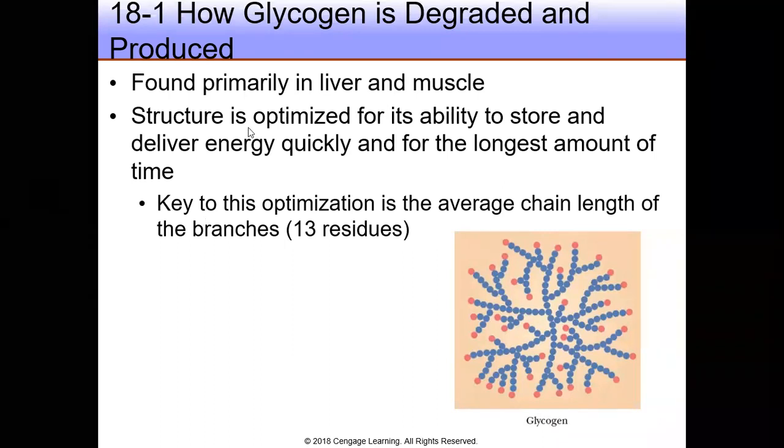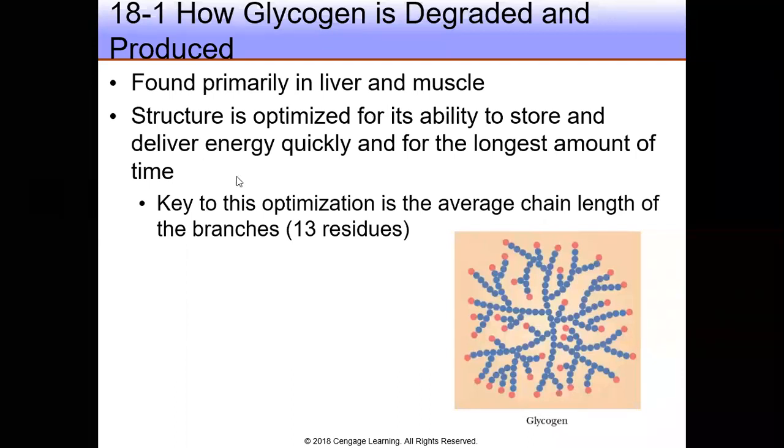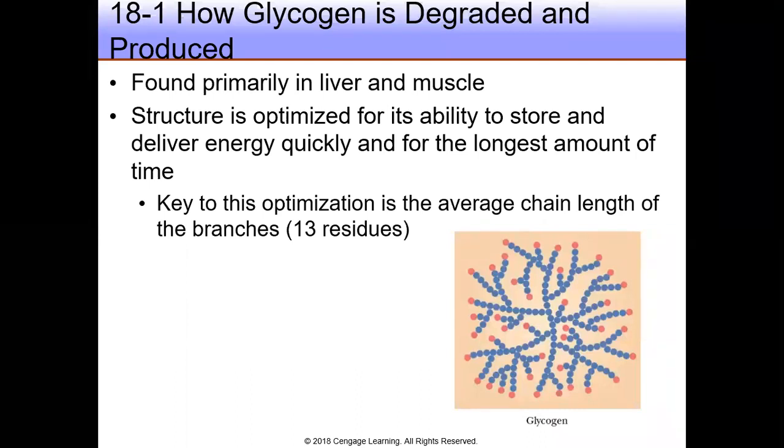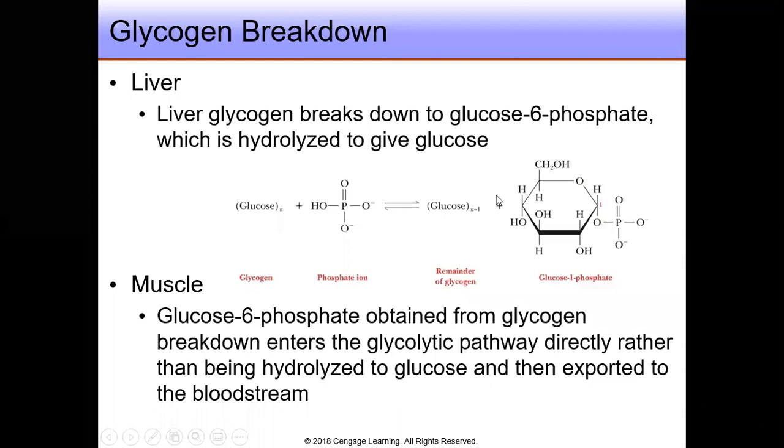Now, glycogen is found mainly in the liver and muscle. The release of glycogen stored in the liver is triggered by low levels of glucose in the blood. So liver glycogen breaks down to glucose 6-phosphate, as we see here, and then is hydrolyzed to give glucose.